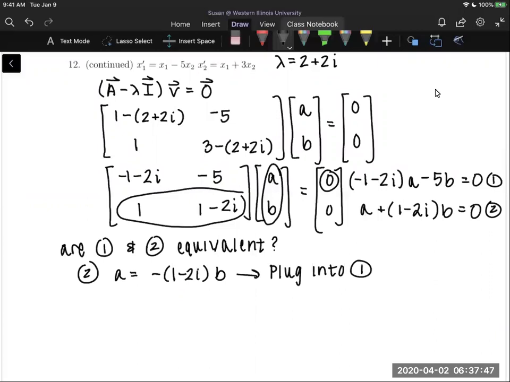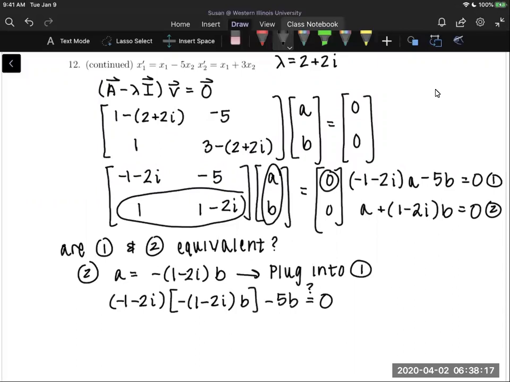So this becomes negative 1 minus 2i times this expression of a. Whoops, let's make that square brackets. And then minus 5b. And the question is, does this in fact equal 0? If it does, we get 0 equals 0 and we have an equivalent system.